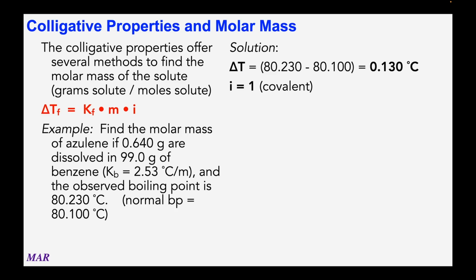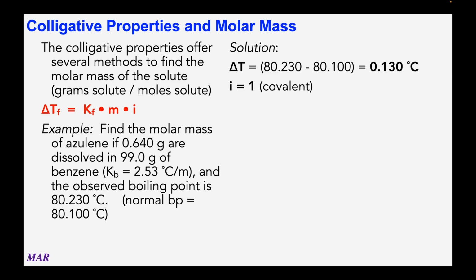We're putting 0.640 grams of azolene in 99.0 grams of benzene, and the boiling point of benzene, which was 80.100 degrees Celsius, goes up to 80.230 degrees Celsius. Not a big amount, but it is enough to allow us to find the molar mass of azolene.